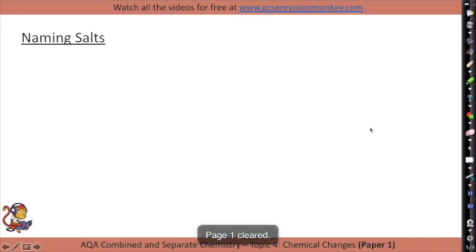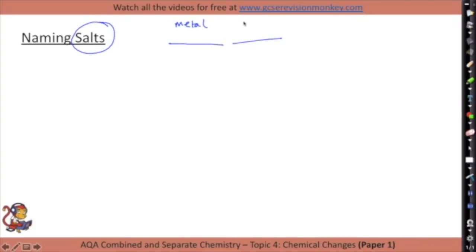For the next reactions, many of them will produce something called a salt. So let's talk about how we name salts first of all. We name salts in two parts. They will have one part that is the metal that's in the salt, and the second part will depend on the acid. So there's 3 acids that you need to know about in particular.